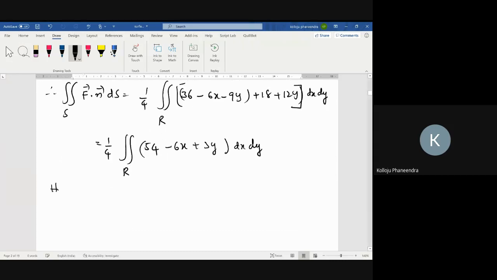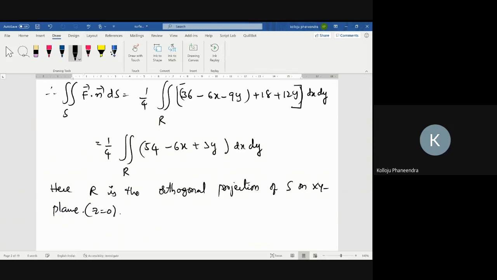Now you write here: R is the orthogonal projection of S on the xy plane. On the xy plane means z equal to 0.